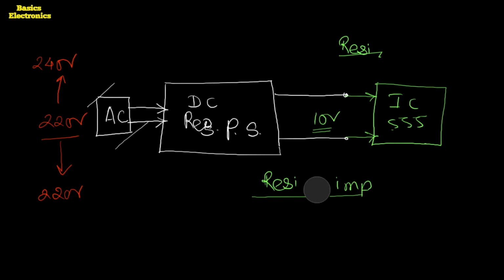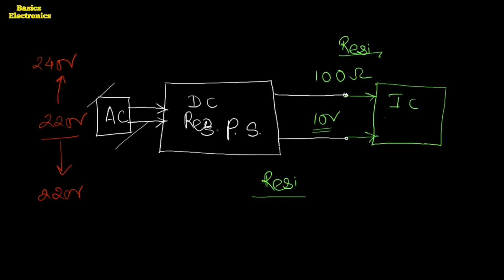Now we consider only the resistance instead of the impedance. So the resistance of the IC 555 is supposed to be 100 ohm.